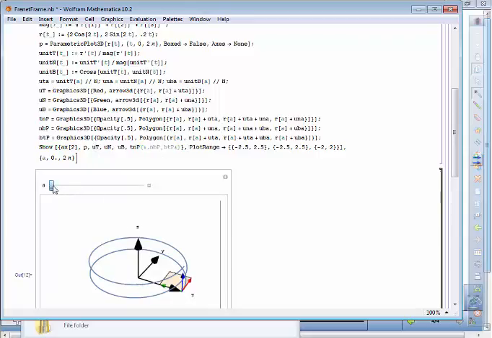So that plane that you're seeing here is a plane that's being spanned by those first two vectors. Okay? Yeah?